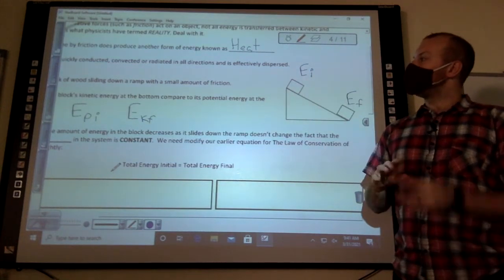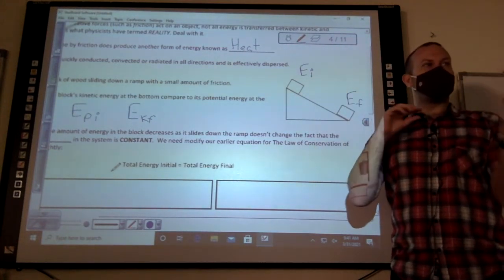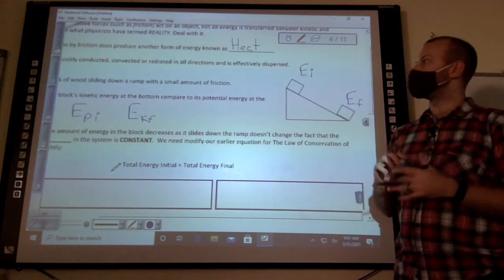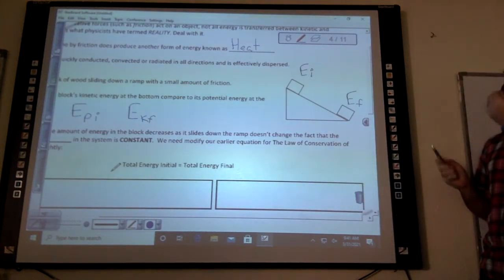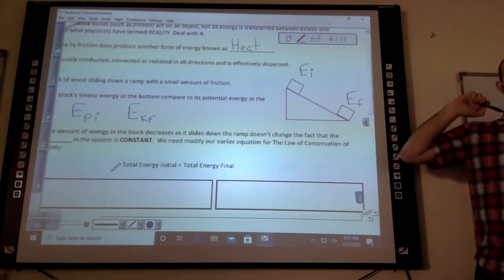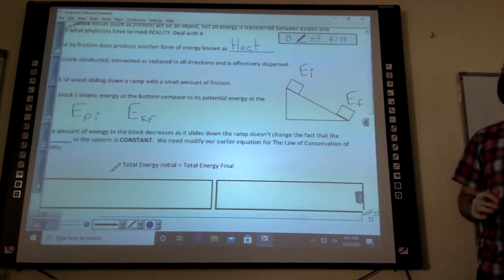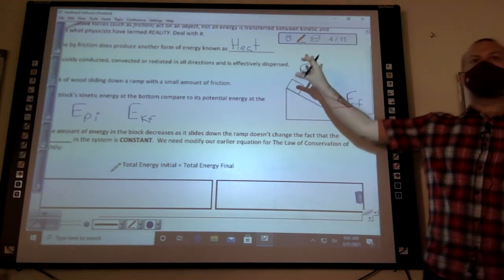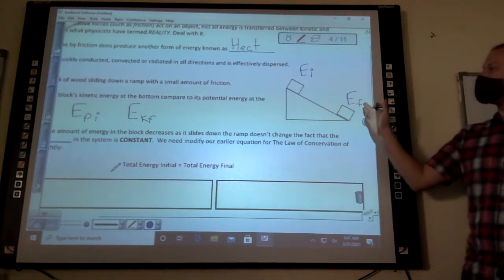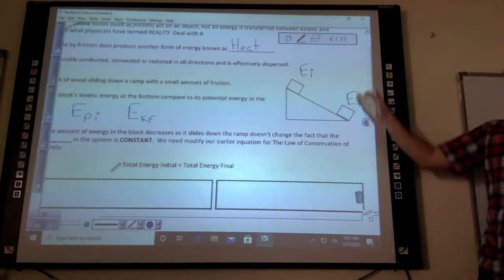So on the previous page, we said energy initial equals energy final. And that's if I've got only conservative forces. The problem is, now I've got friction. Friction is not conservative. So the energy that I have initial, yes, some of it gets converted into the final energy of the block.